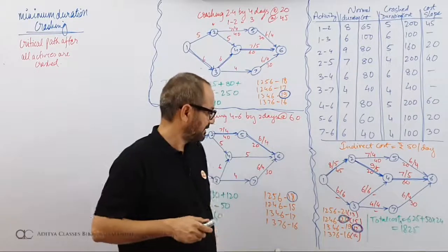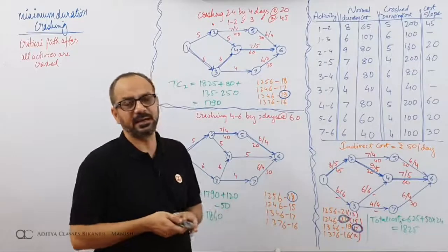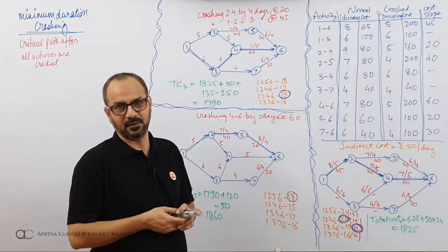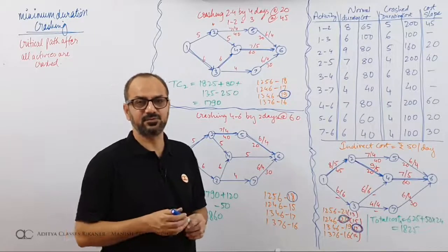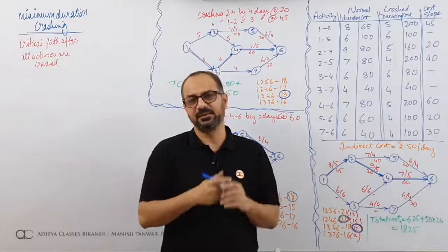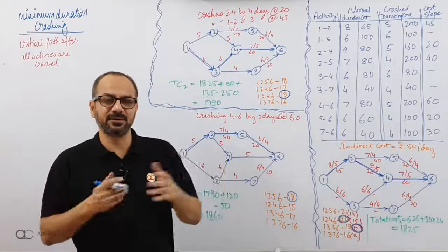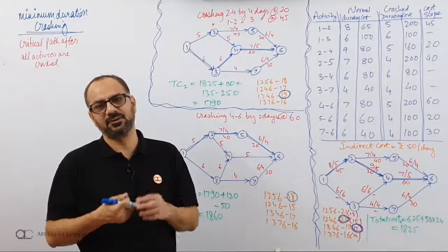But the good thing is that I started with a critical of 24. Now my critical is down to 18 only. That means I am saving 6 days. Now there are situations when you are ready to pay, but you want to crash the activities, when you want the job to be done as quickly as possible, irrespective of what it costs.